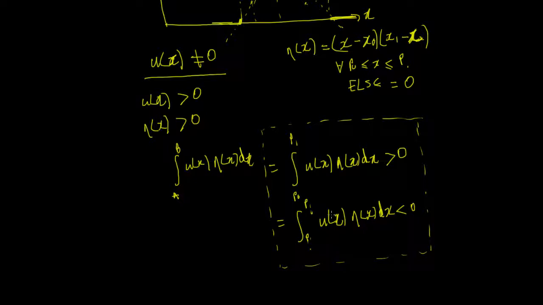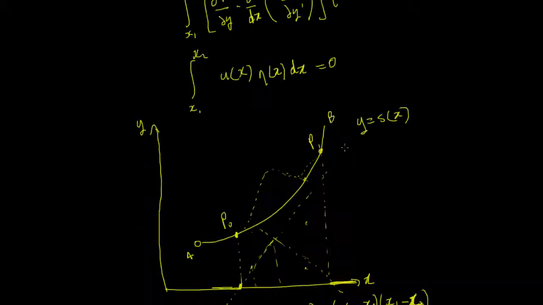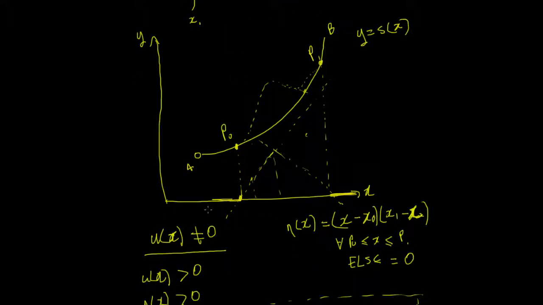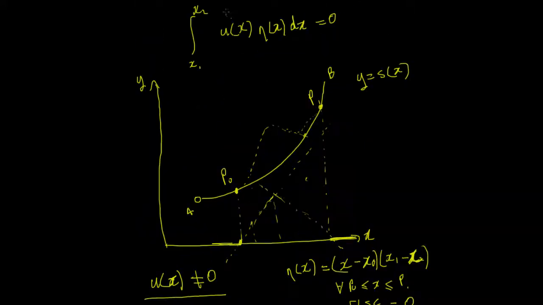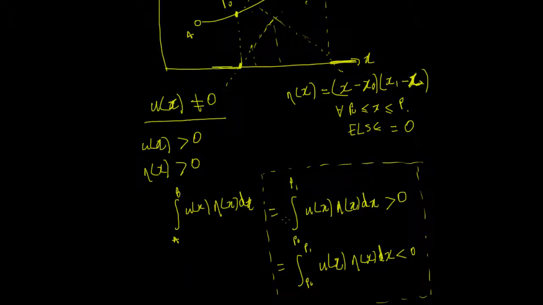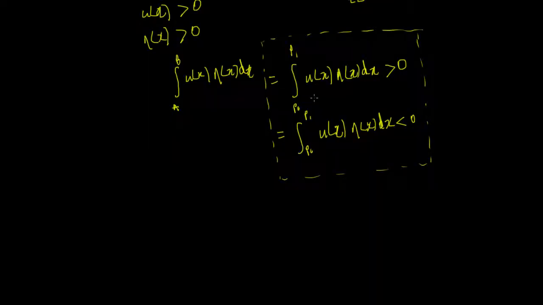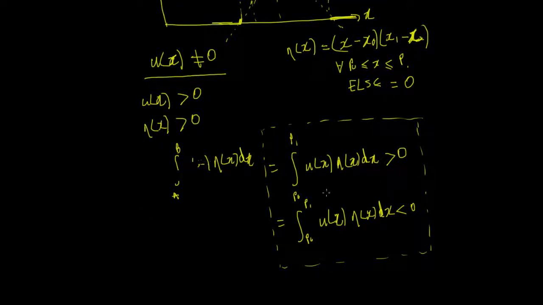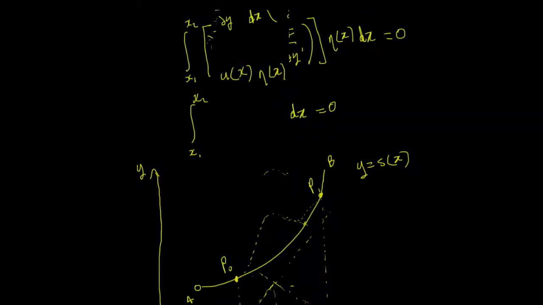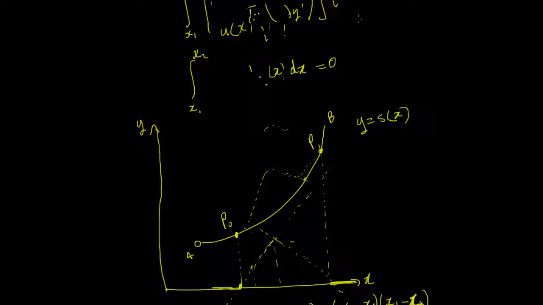So that means that when u of x actually equals 0, the only option is for the integral here to equal 0.